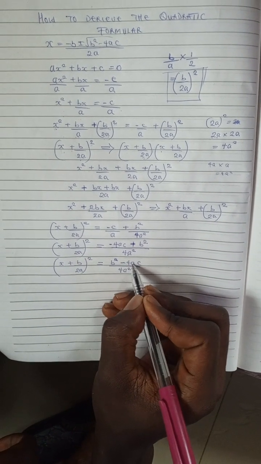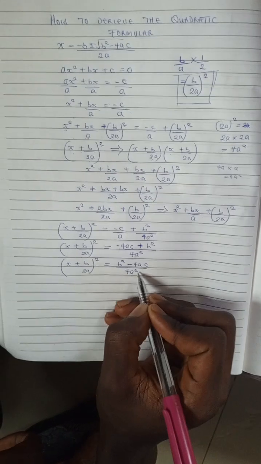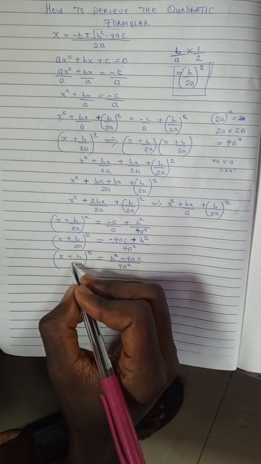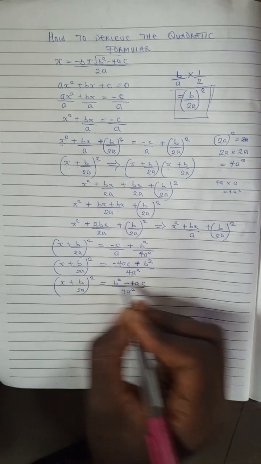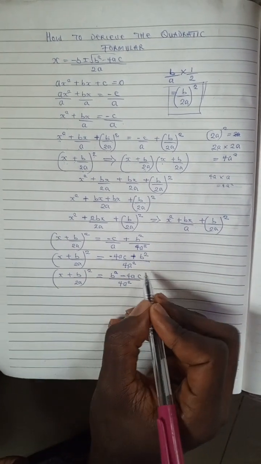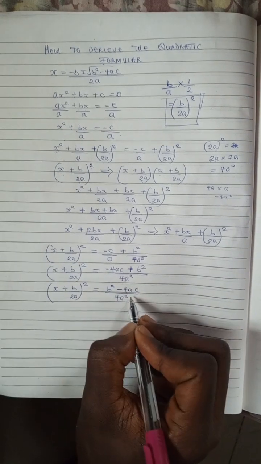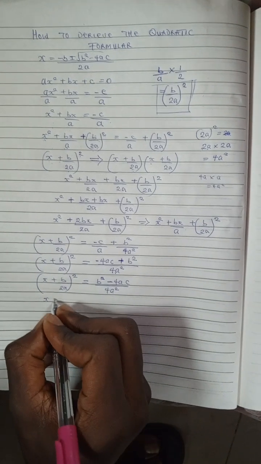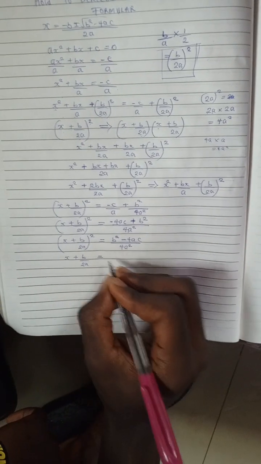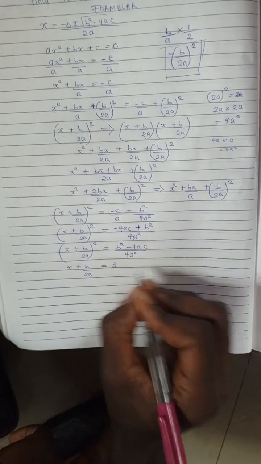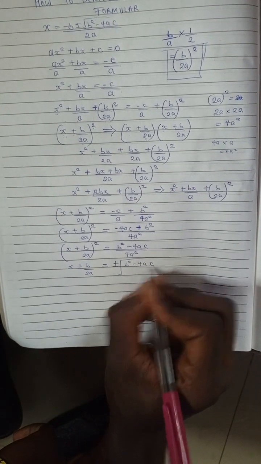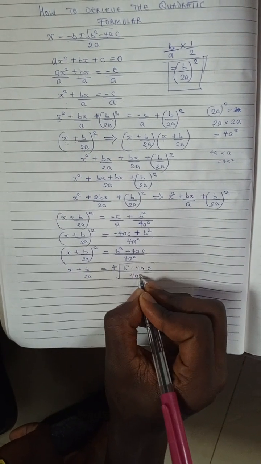So we have b squared minus 4ac all over 4a squared. Now the next thing to do is to bring the square on the left hand side to the right hand side. Now when a square is coming to the other side, it turns to a big square root. So we have x plus b over 2a giving us plus or minus a big square root of b squared minus 4ac over 4a squared.